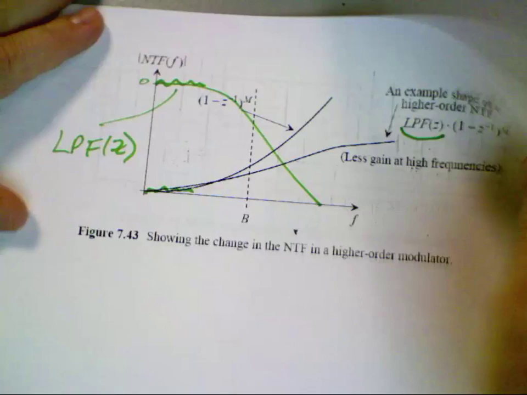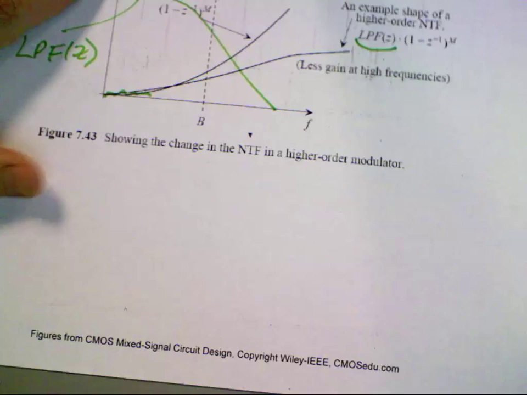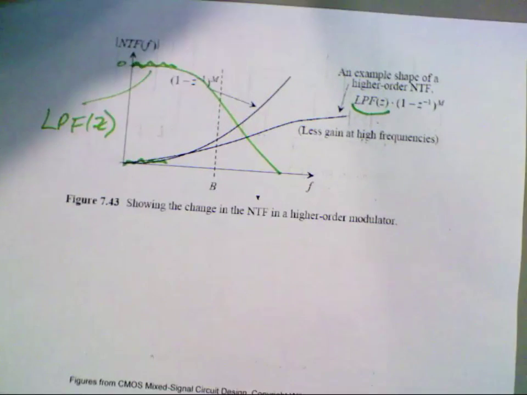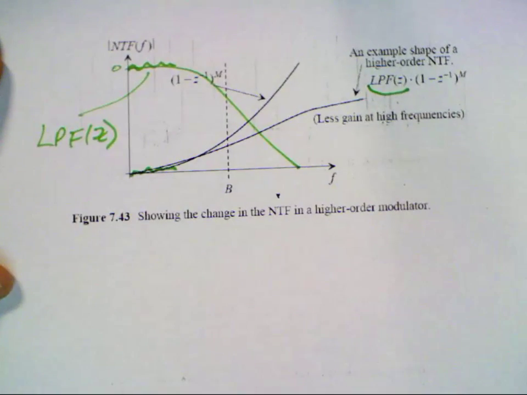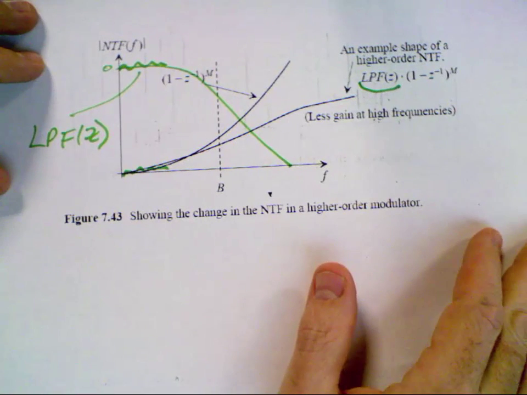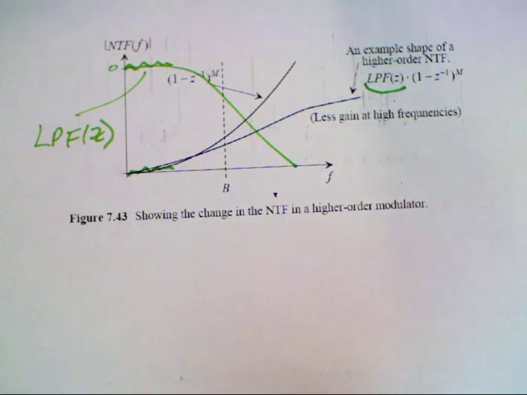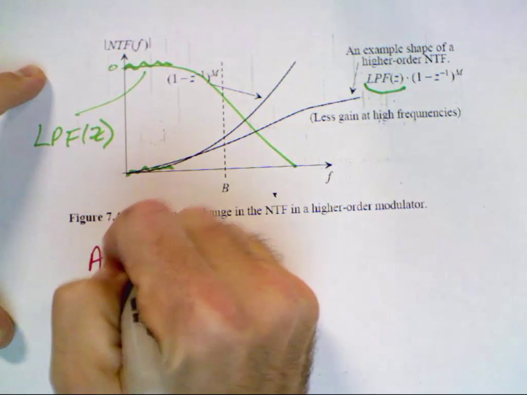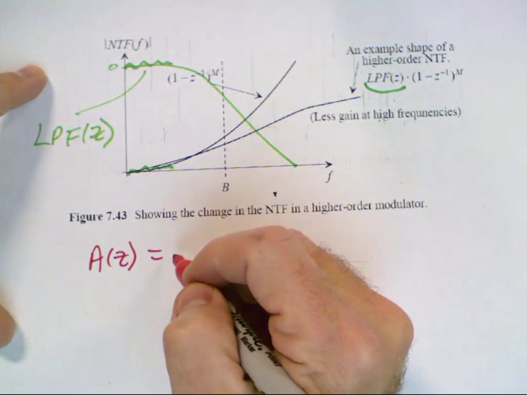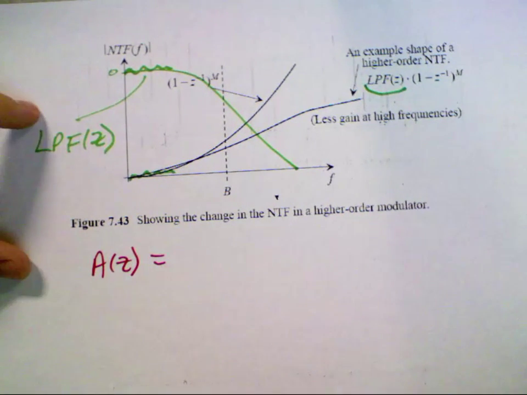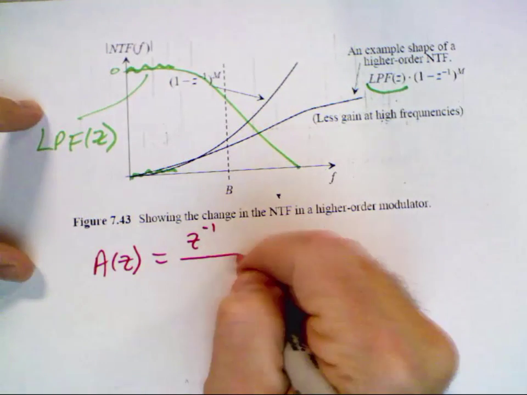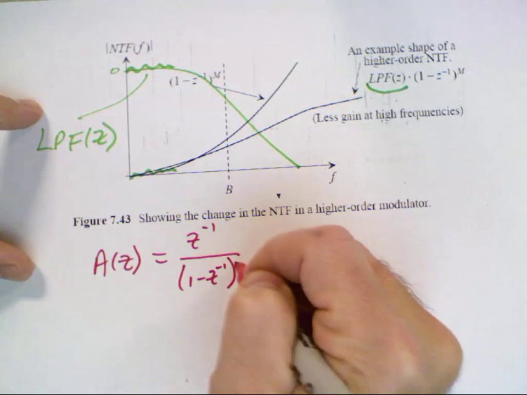Okay, so let me back up because this question's super easy. So I'm trying to design a low-pass filtering for the transfer function. And I know my A of Z ideally is equal to Z to the minus 1 over 1 minus Z to the minus 1, to the nth power.